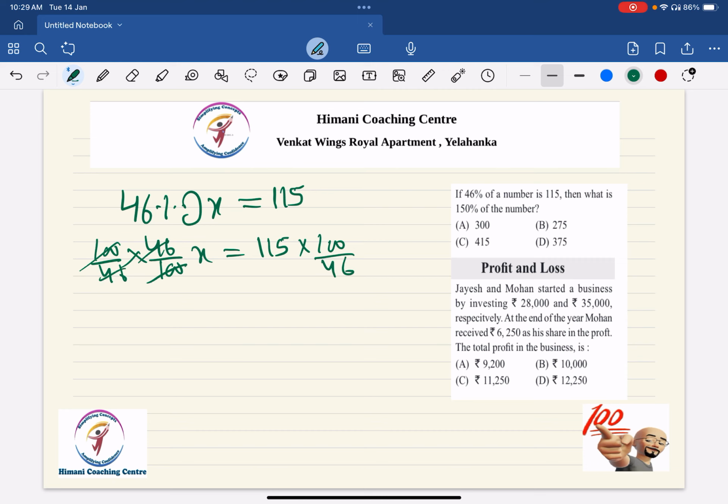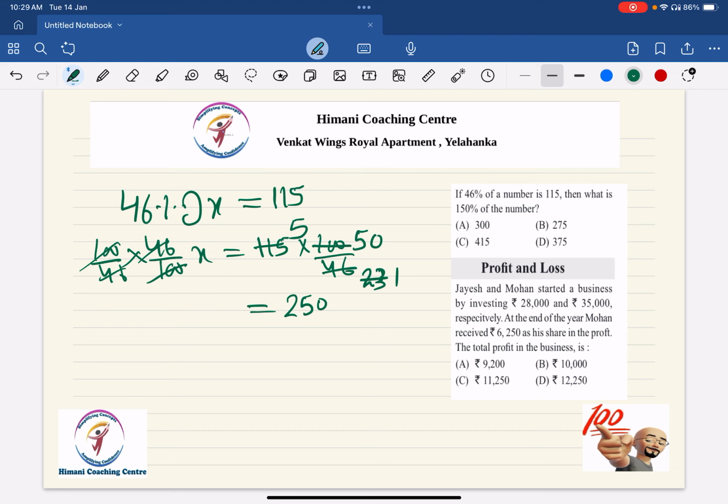And here anyways we will get 1. Now this is 46, this is 100, and this is 115. Then you will find that you can do 2 5s and this 2 2s and 2 3s. Now students, if you look at 115 and 23, 115 is divisible by 23. 23 ones are 23, 23 5s are 115. Okay. So we get 250 as the number.